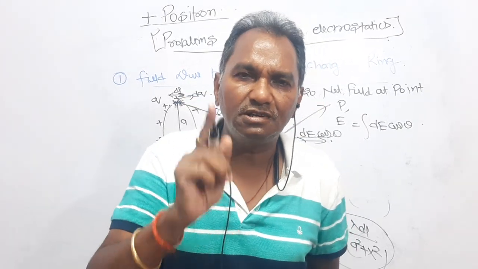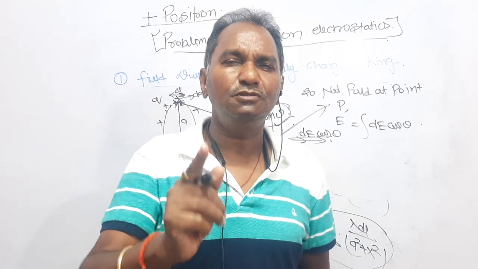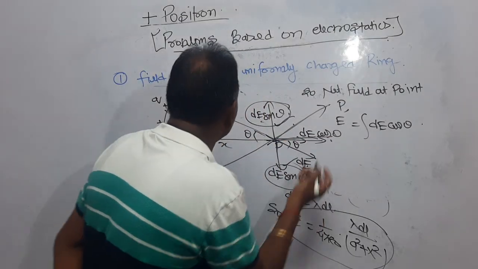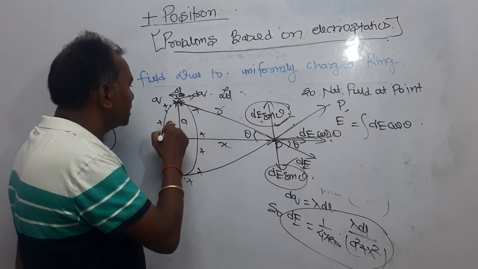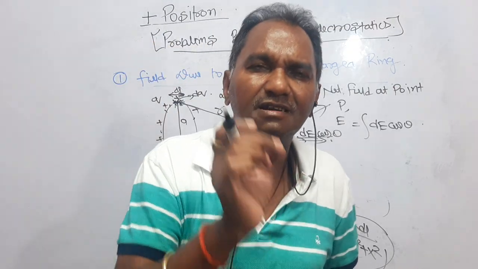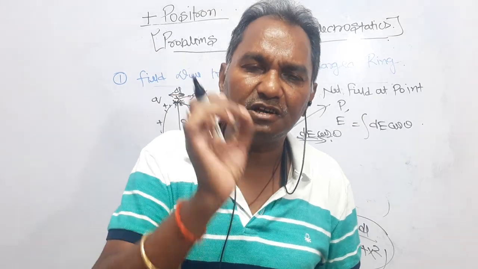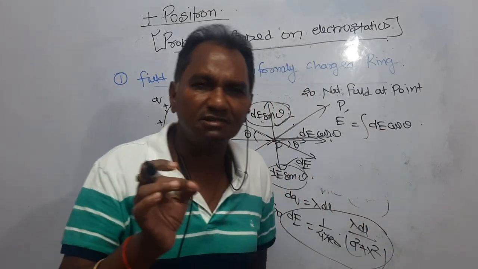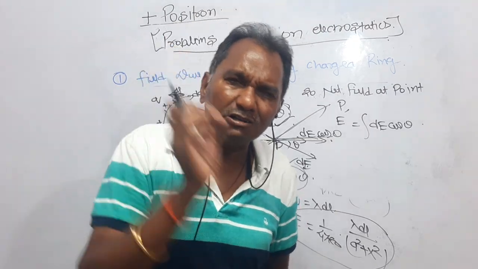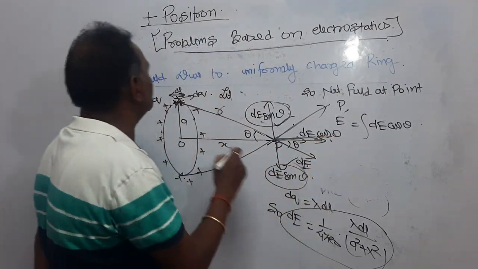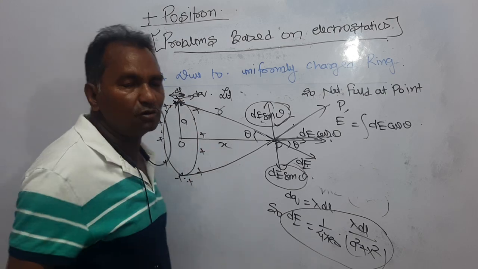Integral dE cos theta means you are considering all those components along the x-axis, whether the point is in the upper half or in the lower half. What I mean to say is that integral dE cos theta is sufficient. It represents that you are considering all those components of the field which are along the x-axis, whether the strip is in the upper half or in the lower half.